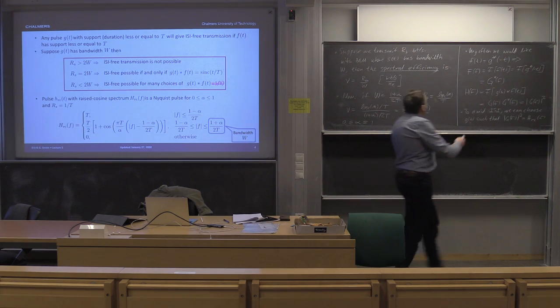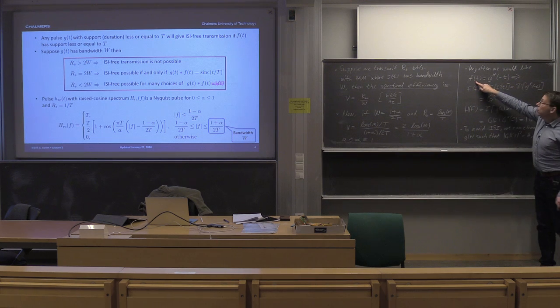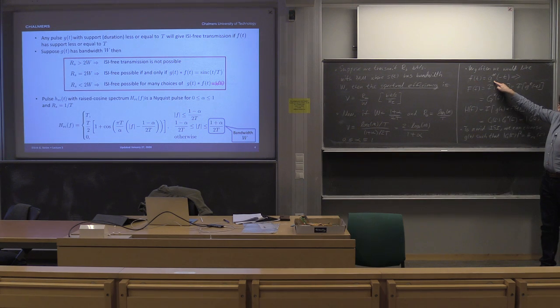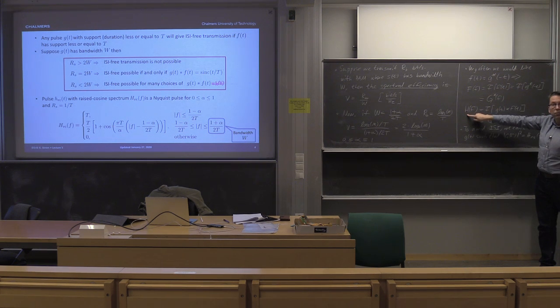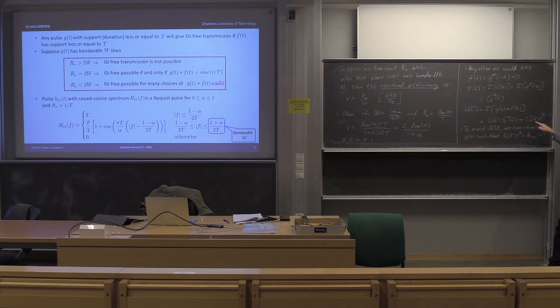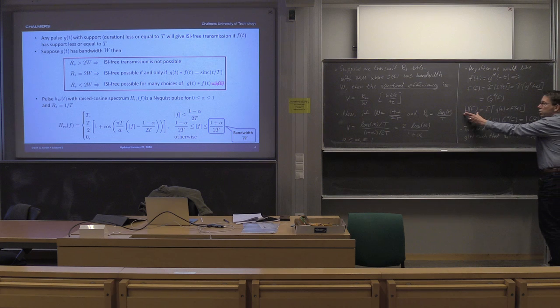Now, if we choose f to be related to g according to this equation, then after some calculations we got that H, the Fourier transform of h, is just the magnitude squared of the Fourier transform of g. Okay. So what we would like then is that this quantity, H, is such that we get a Nyquist pulse.